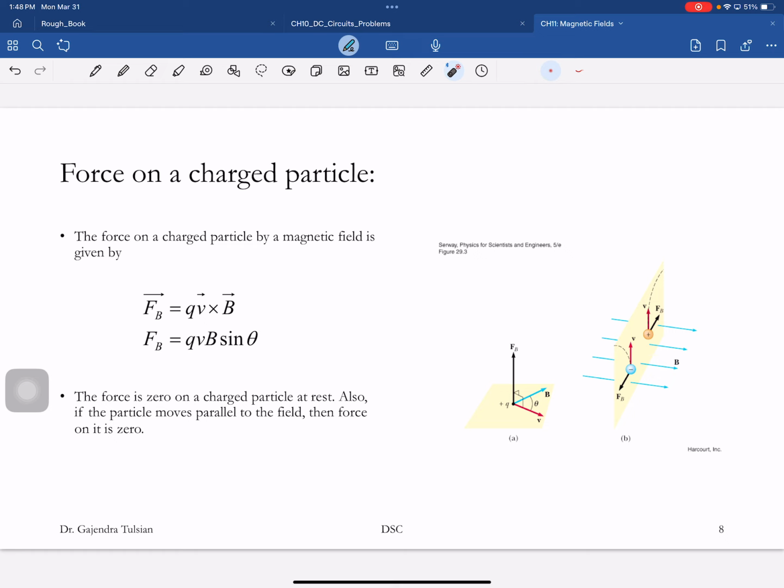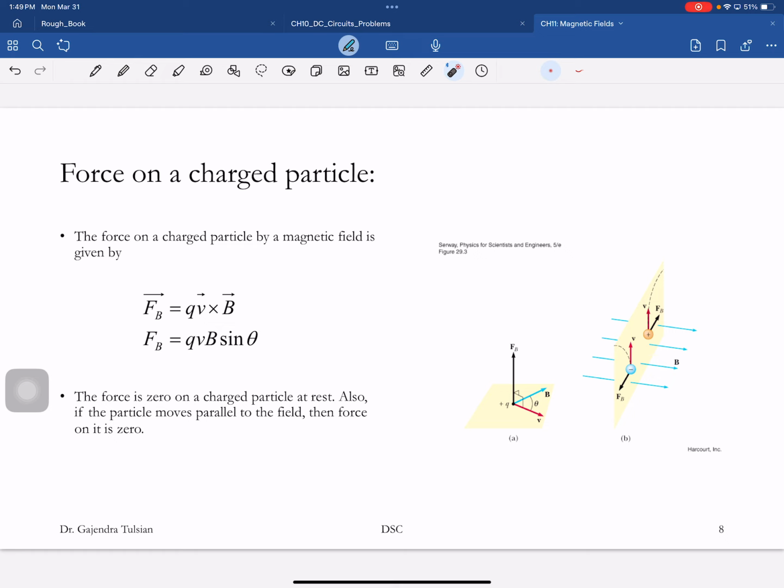So let's see this. There's the velocity vector. There's the magnetic field vector. The force is perpendicular to the plane containing these two vectors. You would use your right hand rule. If you turn from velocity to the magnetic field, the screw would move in that direction. The direction in which the screw moves as you turn from V to B is the direction of the force.